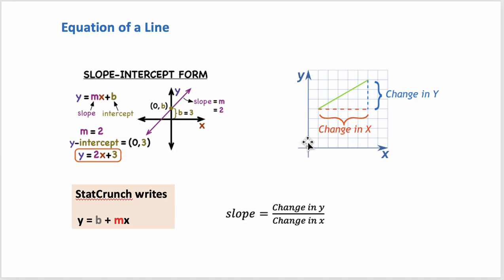The slope. How are we going to interpret the slope? Well, you can say it's the change in y over the change in x, and that certainly is the case. I like to think of it this way. This is where you started driving, and this is where you ended driving.